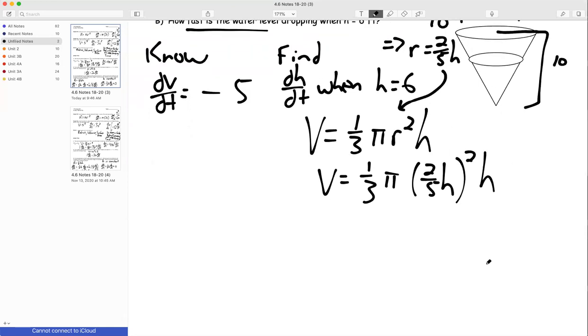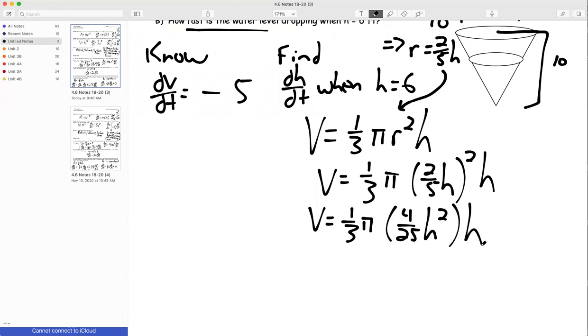So let's clean this up a little bit. I've got volume equals 1/3 pi, and then I'm going to square this. 2/5 squared is 4/25, and h squared times another h.